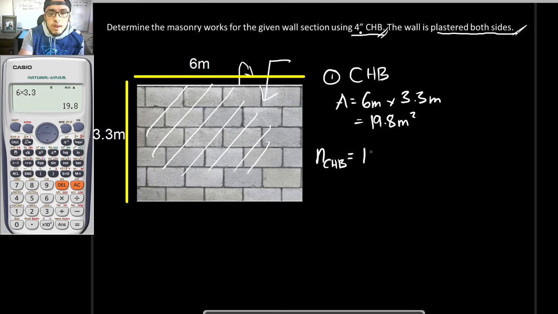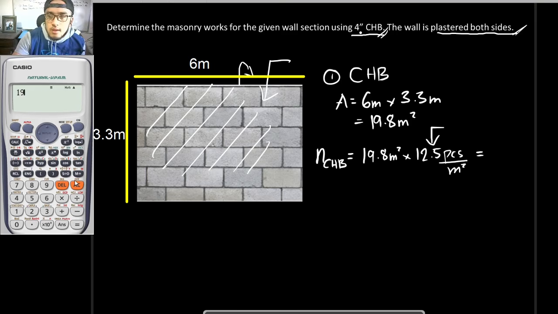So 19.8 square meters, multiply it by 12.5 pieces per square meter. So once again, this is the factor that we have derived earlier. So using this equation right here, our answer would be 19.8 times 12.5.